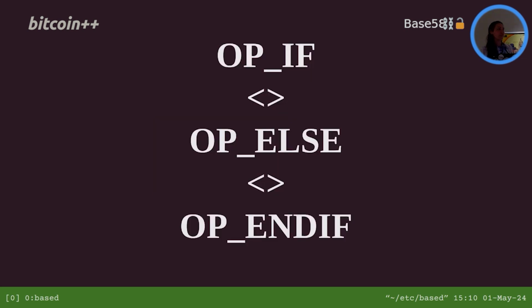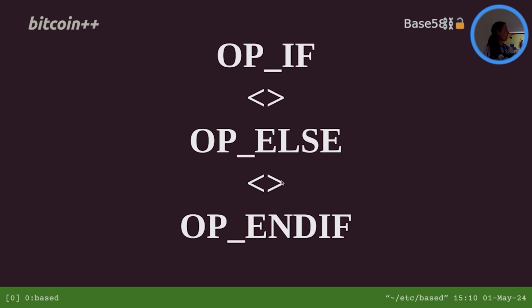Here are some fun side facts about sigops. If you have an if, else, and if statement, and I put inside of here, I don't have a slide for this, can you see my cursor? Yeah. What if inside of here I had an op check multisig? Let's just say that counts as 20 for simplicity's sake.